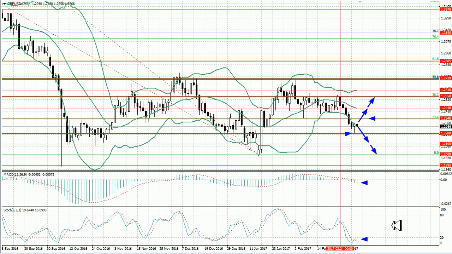Open long positions above the level of 1.2340 with the targets at 1.2440 and 1.2550. Open short positions below the level of 1.2200 with the target at 1.2100 and 1.2000.